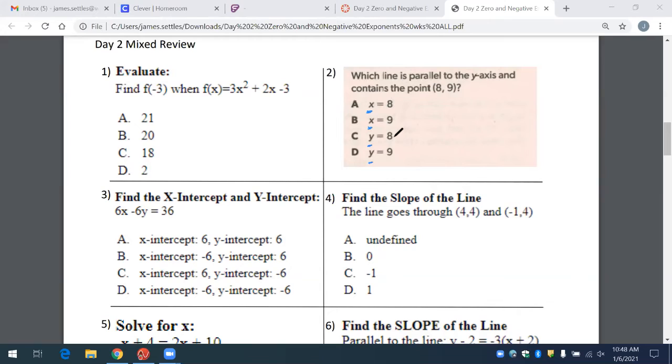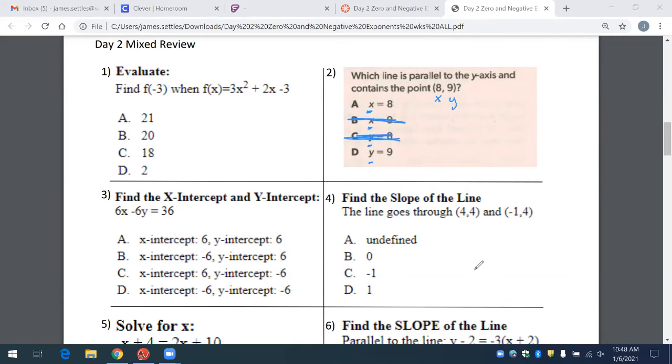Okay? So x has to match what number? 8. So what can we mark off real quick? X equals 9 doesn't make any sense. If they just give us a y, then the y has to match the 9. So we can mark off C. So if you know that little trick, now you may not know what to do, but you got a 50-50 shot of getting it right.